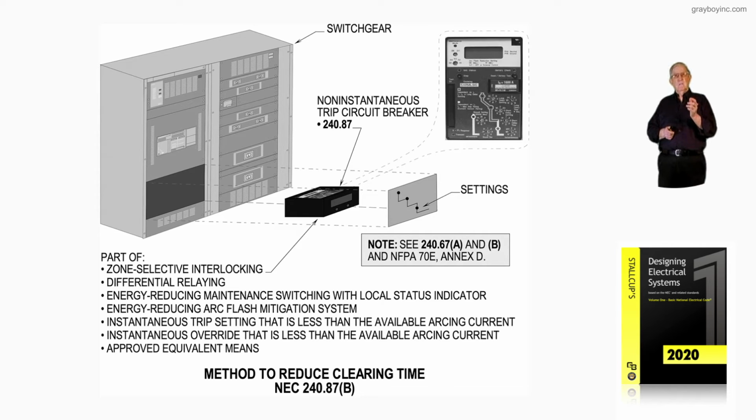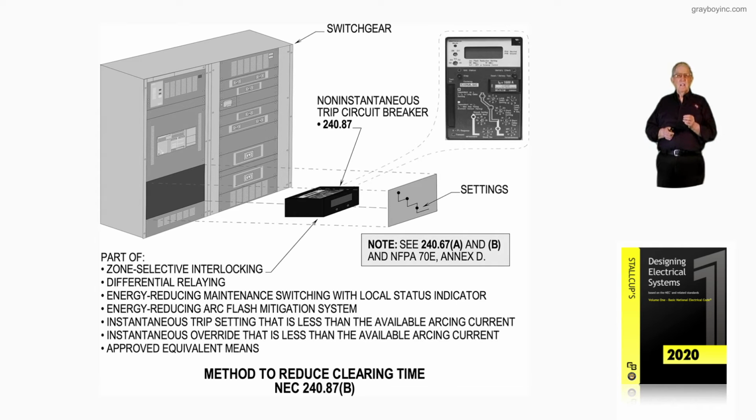So looking at this information, notice zone selecting interlock. This device provides that. Differential relaying, energy reducing maintenance and switching with local status indicator, energy reducing arc flash mitigation system is provided.